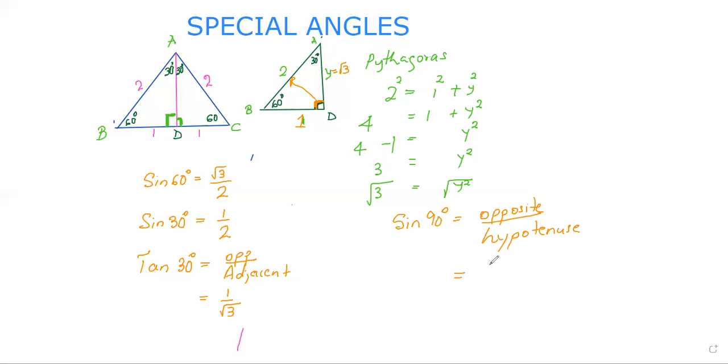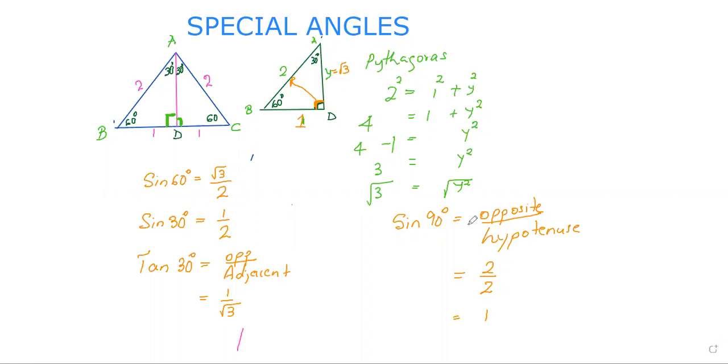And that side is 2. And the hypotenuse is also 2. Same 2. So the answer is 1. Therefore, the sine of 90 degrees is equal to 1. All right.